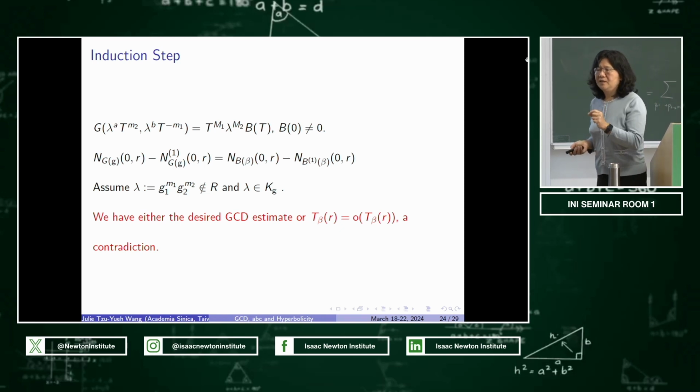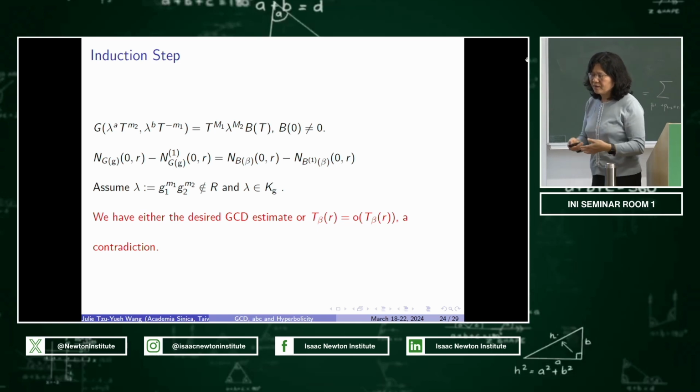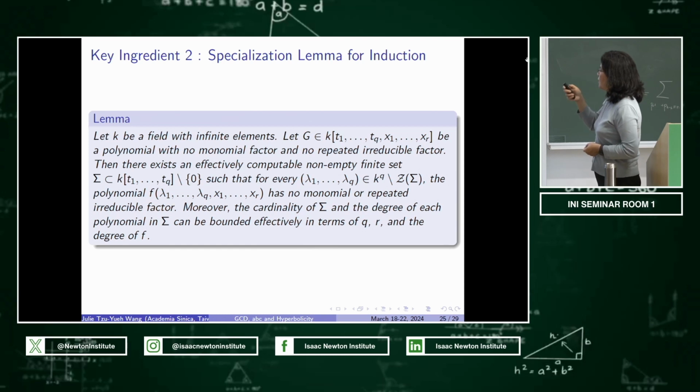As you can see, what we have to do during the induction process is, after you specialize, you want the remaining polynomial to be square free. So here we prove the specialization lemma, which is used for induction. This is the thing we want to specialize. Originally you have a polynomial in more variables, and the theorem tells you it doesn't have a repeated irreducible factor.